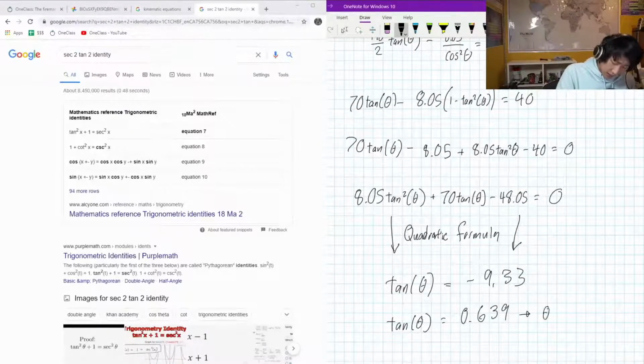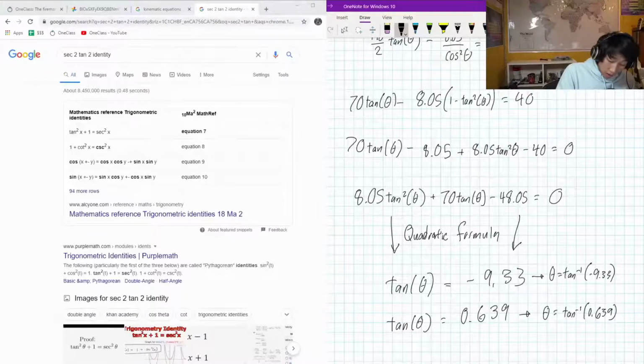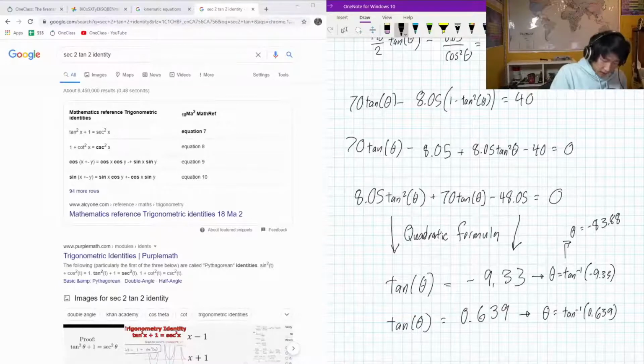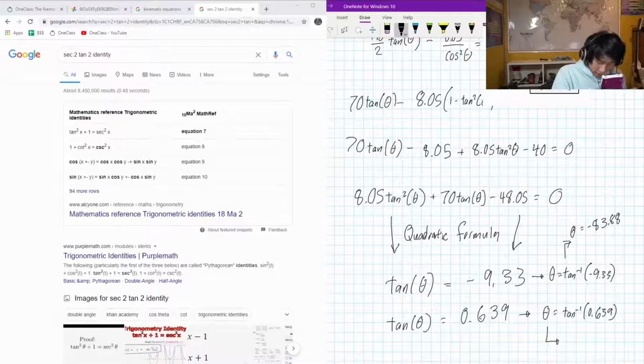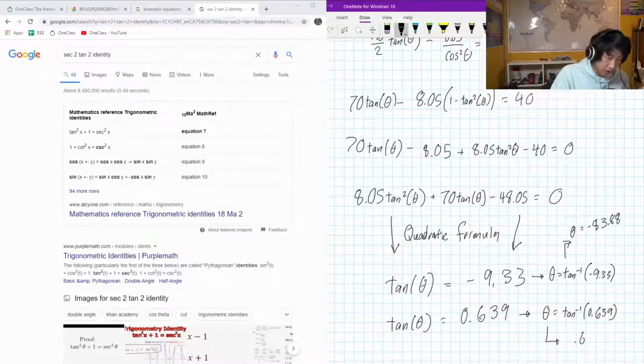Okay, now taking the tan inverse, or arctan, of negative 9.33, this corresponds to theta equal to negative 83.88, and the tan inverse of 0.0639 corresponds to 3.65 degrees.